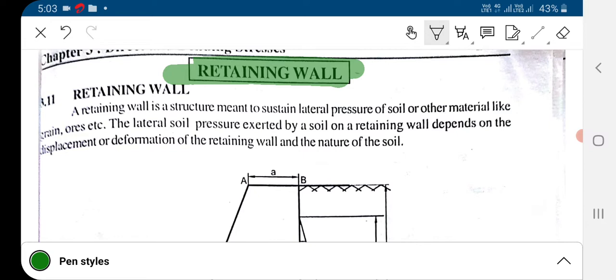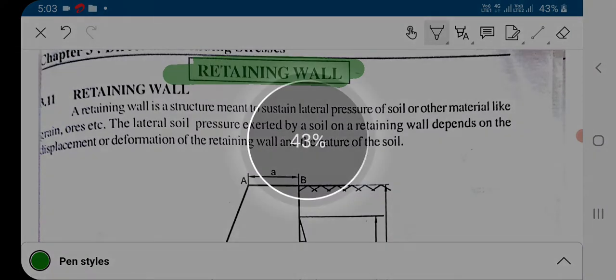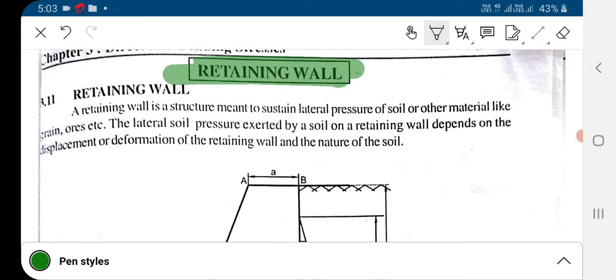So retaining wall is nothing but the structure that is basically meant to retain any material, the material that is soil or any other material, but it is only meant to retain the soil.